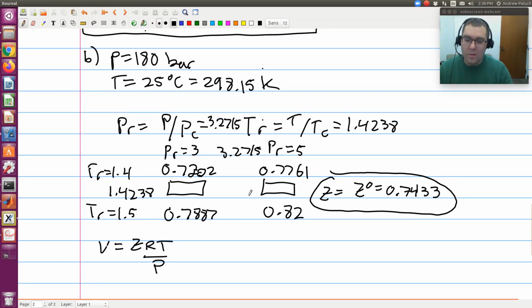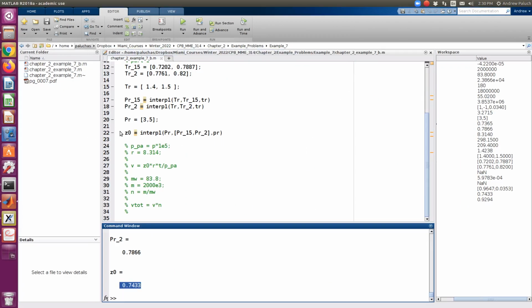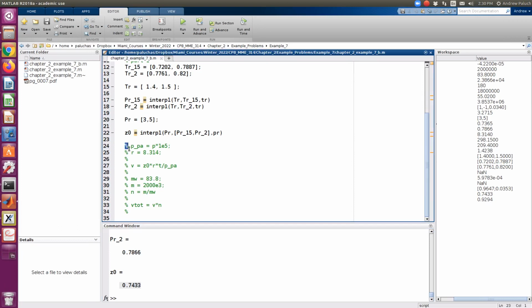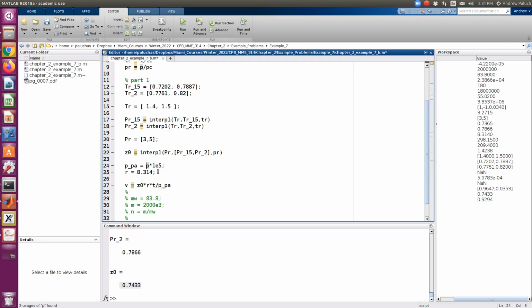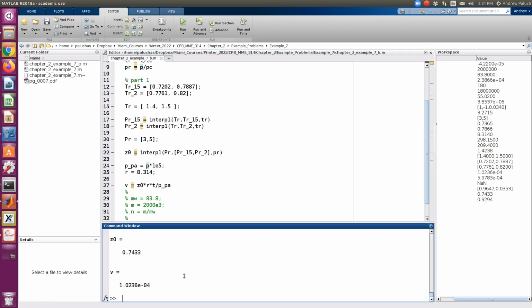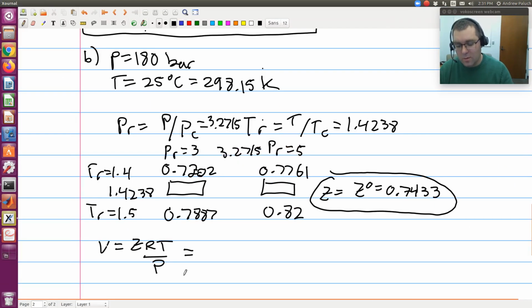Where again, I want to make sure I have SI units here. So just redoing what I had before, this should all be good. My pressure in pascals, my pressure times 10 to the 5. There's R. I calculate V. So V now is going to be 1.0236 times 10 to the negative 4 meters cubed per mole.